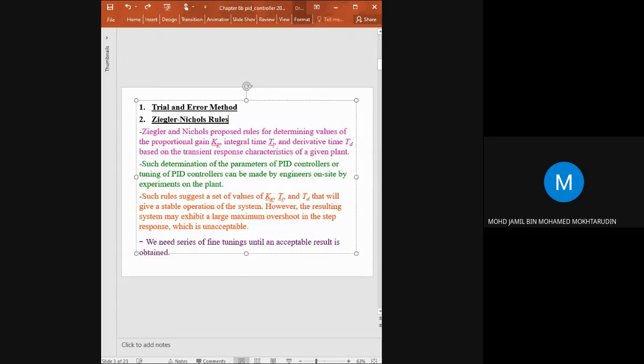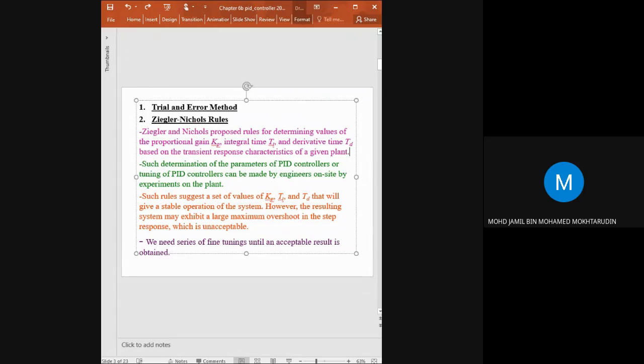So the rule here is that you need to know the transient response of the plant, only that. You don't need to know the transfer function of the given plant. Such determination of the parameters of PID controllers, or tuning of PID controllers, can be made by engineers on site by experiments on the plant.